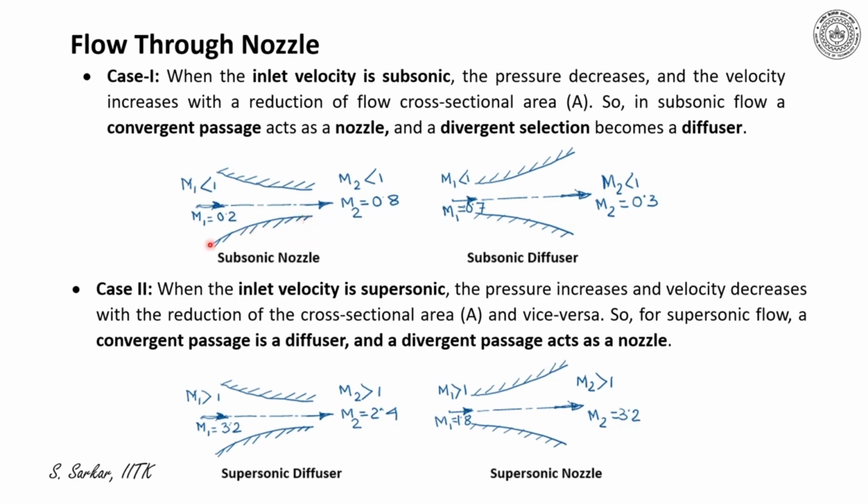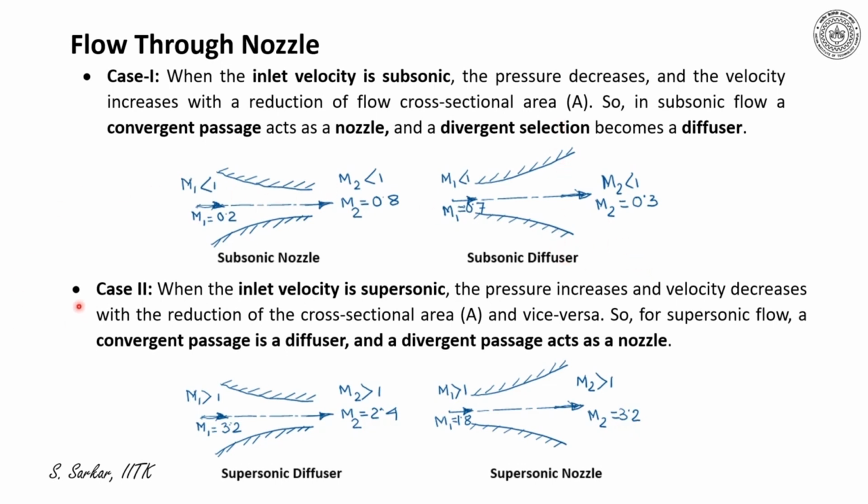So, it can be stated as a subsonic nozzle. Similarly, for a subsonic diffuser, as the area increases, the velocity decreases, and thereby pressure increases. So suppose at inlet, if M1 is 0.7, at exit, M2 would be 0.3, and the pressure would increase.